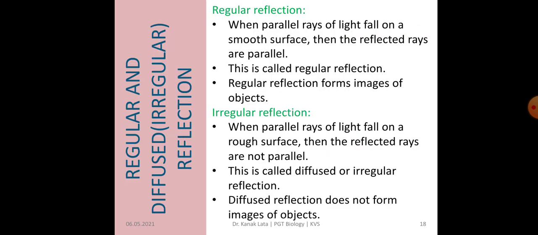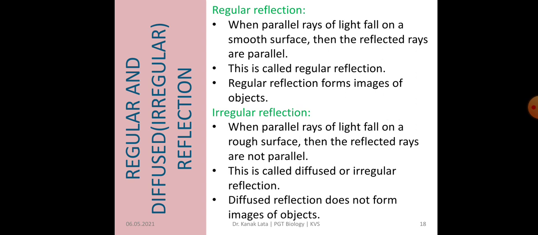Now our next topic for discussion is regular and diffused or irregular reflection. Let us see the differences between these two. In regular reflection, when parallel rays of light fall on a smooth surface, then all the reflected rays are also parallel. This is called regular reflection, and regular reflection forms images.